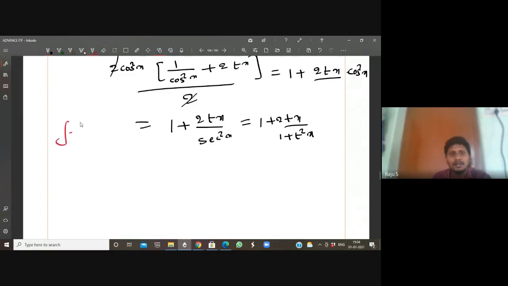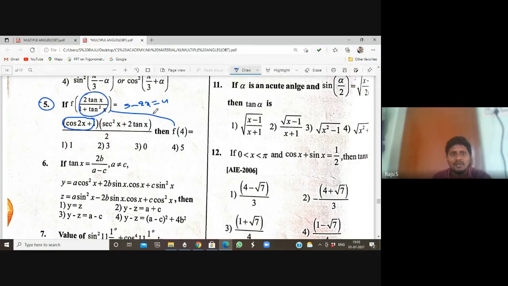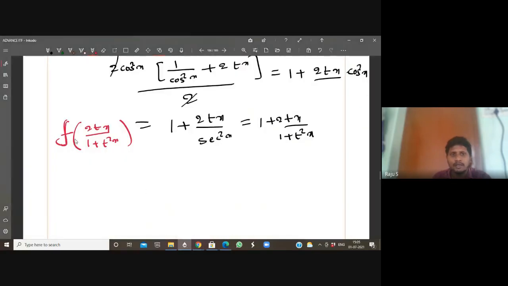Nothing but here the given f of 2 tan x by 1 plus tan square x is equal to 4, and we got 1 plus 2 tan x by 1 plus tan square x. What is the answer then? This value should be equal to 1 plus the same value. So in place of this, if I replace 4, yes or no?